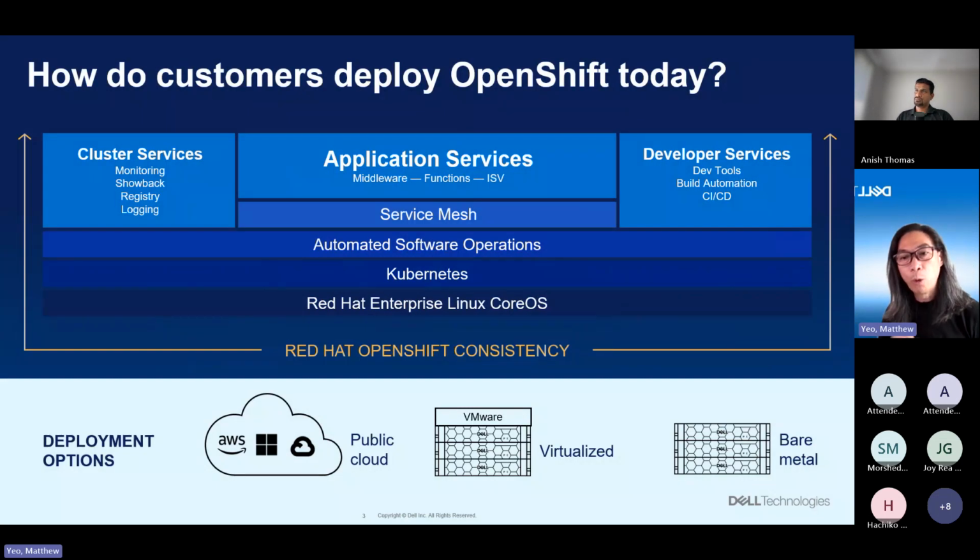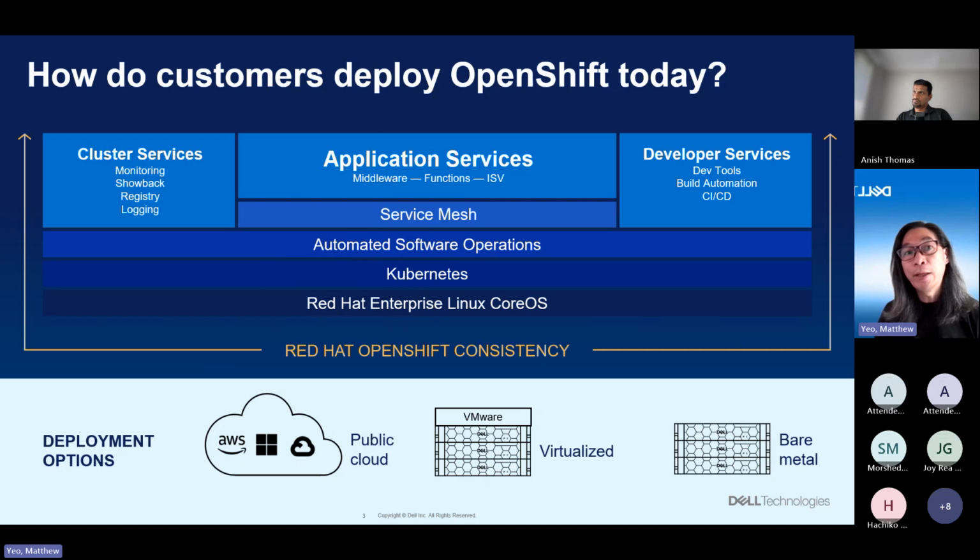So if you look at it from an OpenShift perspective, how do customers deploy OpenShift today? So we've got to look at it from how it started. First off, when Kubernetes won the war, meaning that we decided that we will use Kubernetes from a cloud native perspective to manage cloud native, customers were then exploring how they wanted to deploy it for enterprise use.